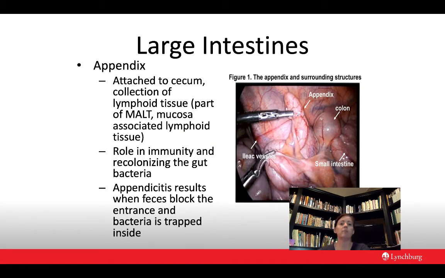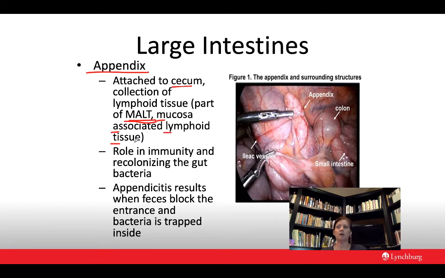So a little bit more about the appendix, just because that's interesting. Like we said, it's attached to the cecum. The appendix is a little collection of lymphoid tissue, so it plays a role in lymphatics. It's part of this collection of tissue called MALT, mucosal associated lymphoid tissue.